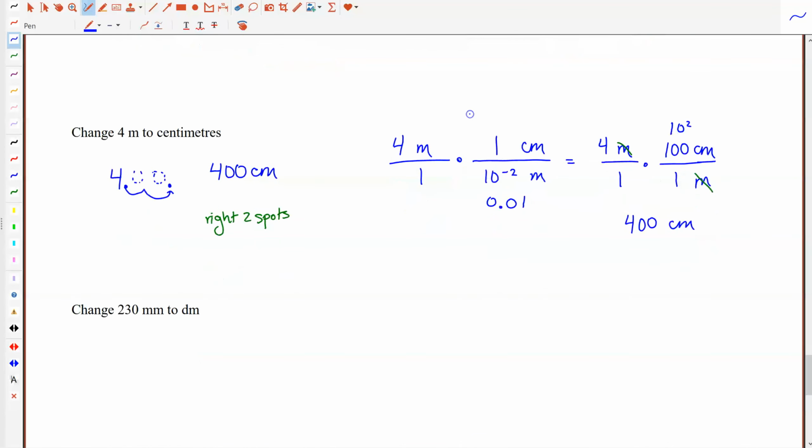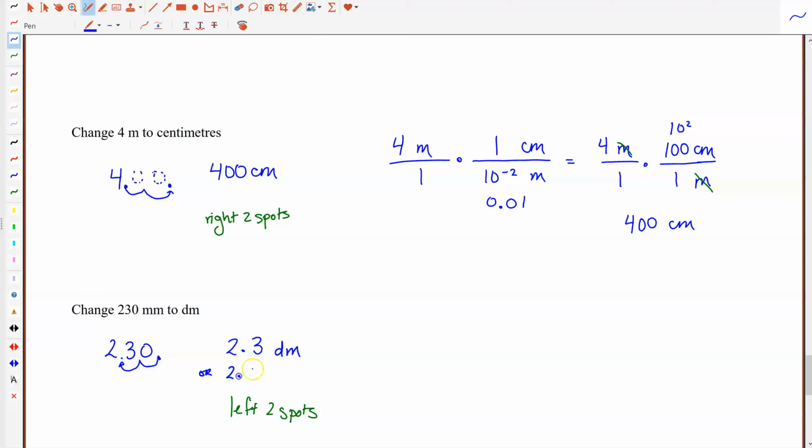All right, so for this conversion right down here, then we want to go left 2 spots. So in 230, the decimal point is right here. So if I go 1, 2, the decimal point ends up being right there. So this would be 2.3 decimeters.